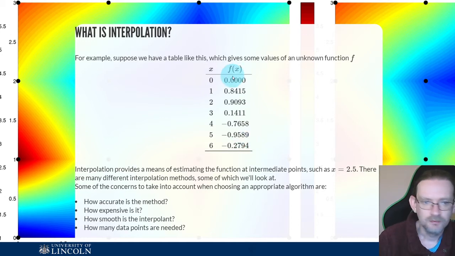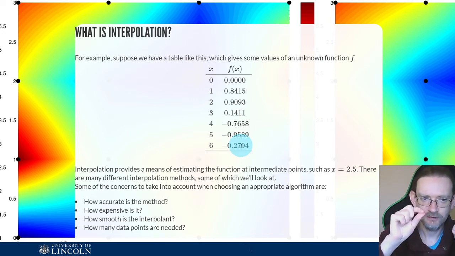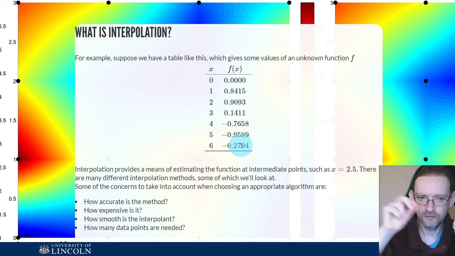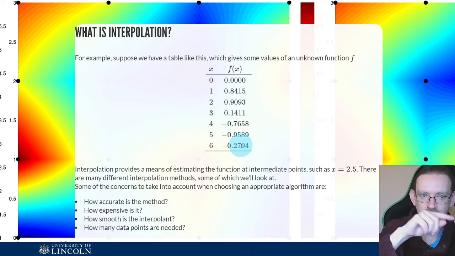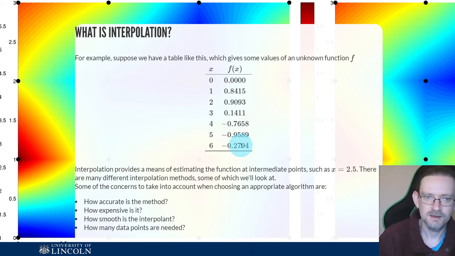So one approach would be to use a least squares approach like we've done in previous weeks. This week we're going to do something different, sort of more classical interpolation methods where you assume the data points are correct. You take 1, 2, 3 data points and you fit some function that will go exactly through those data points, but which will also allow you to estimate the value of the function between the points that you're given.